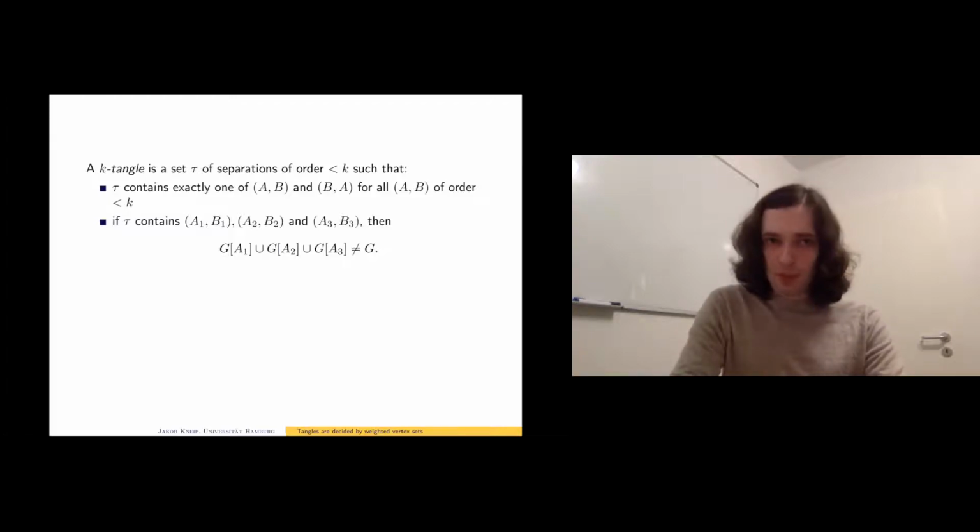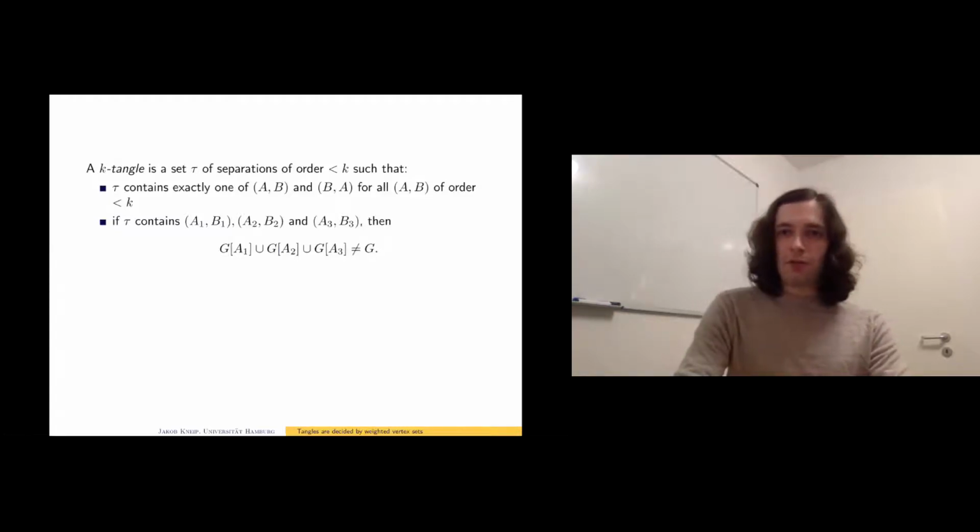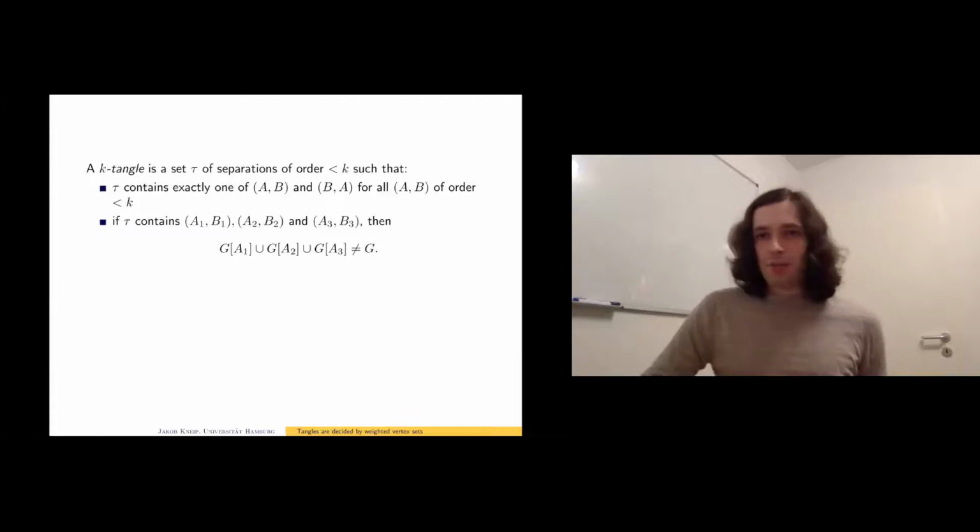Now, the motivation behind these tangles is that whenever you have some sort of cluster or dense object in your graph, then no matter which exact type of cluster that is, it's going to define one of these tangle objects.